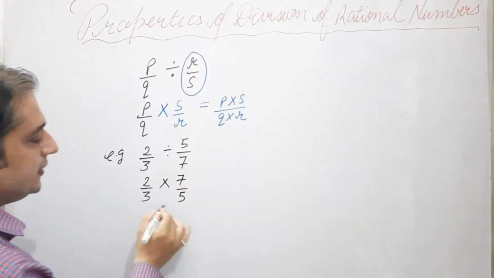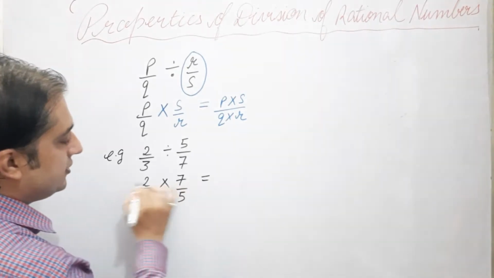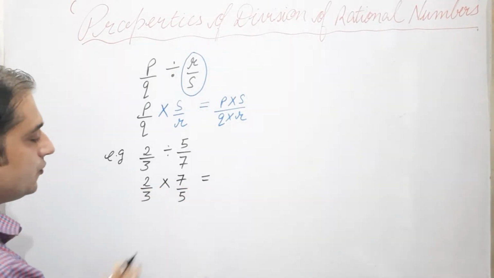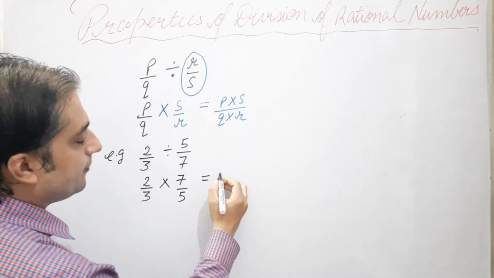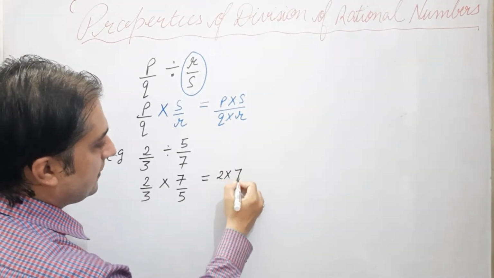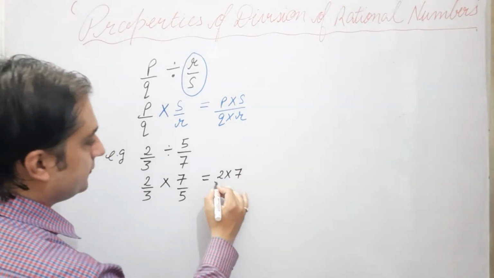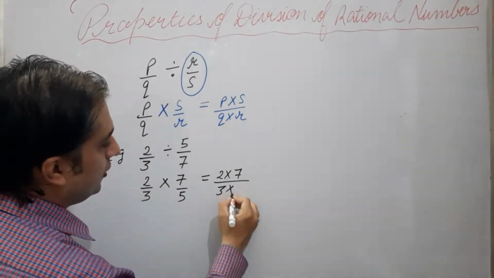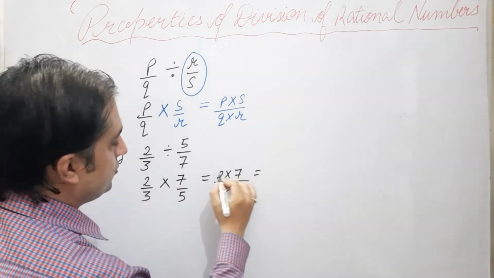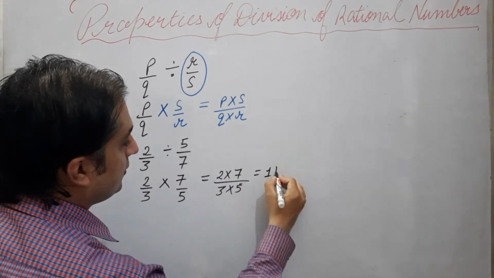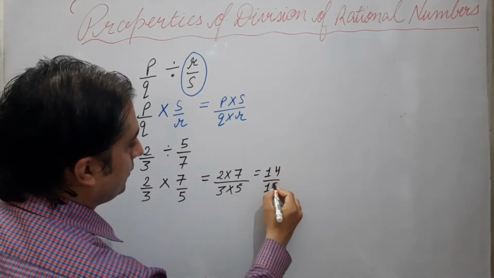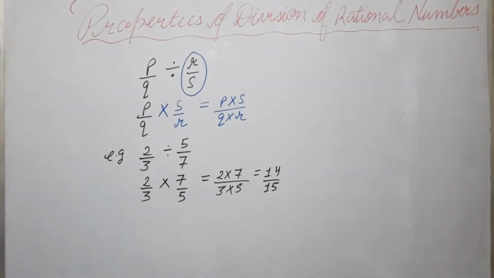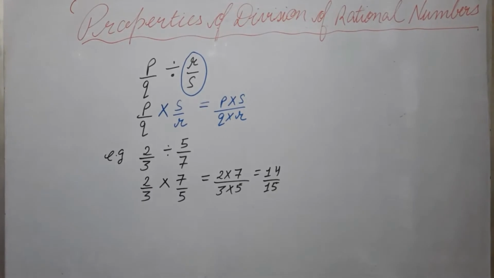Once you do this, you multiply the numerators together and the denominators together. 2 multiplied by 7 is 14, and 3 fives are 15. So this is how to divide two rational numbers.